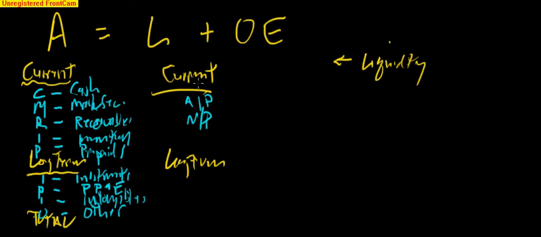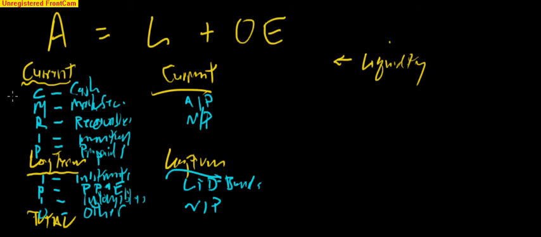Unearned income, we might have the current portion of unearned income. Long-term, we'll have long-term debt, bonds, and long-term notes payable, paying back over a period of time longer than 1 year. So the liability part of our balance sheet is much less confusing than the asset part.